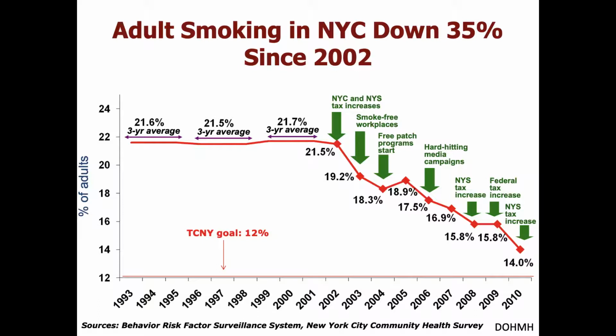Then we can see all these different changes in health policy and how they impacted smoking, for example, tax increases, smoke-free workplaces, etc. And although this is really kind of an ecological evaluation, we can see that over time it appears that collectively all of these health policy measures have decreased the prevalence of smokers.